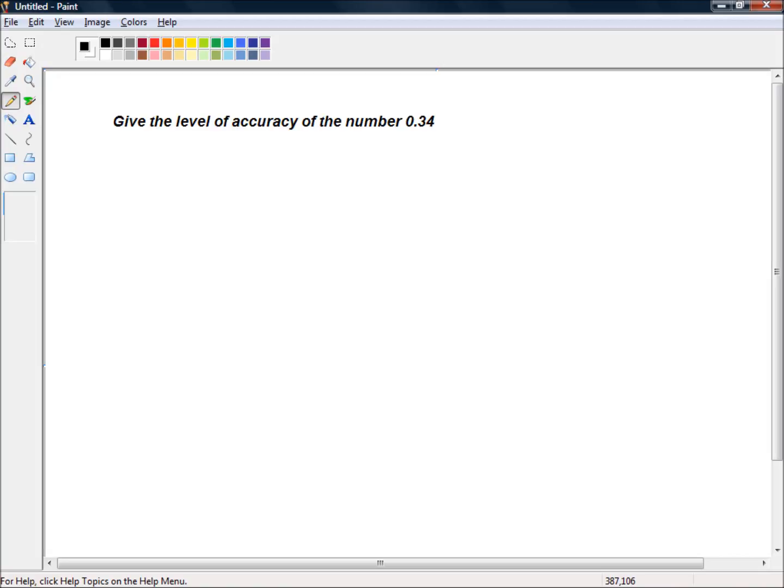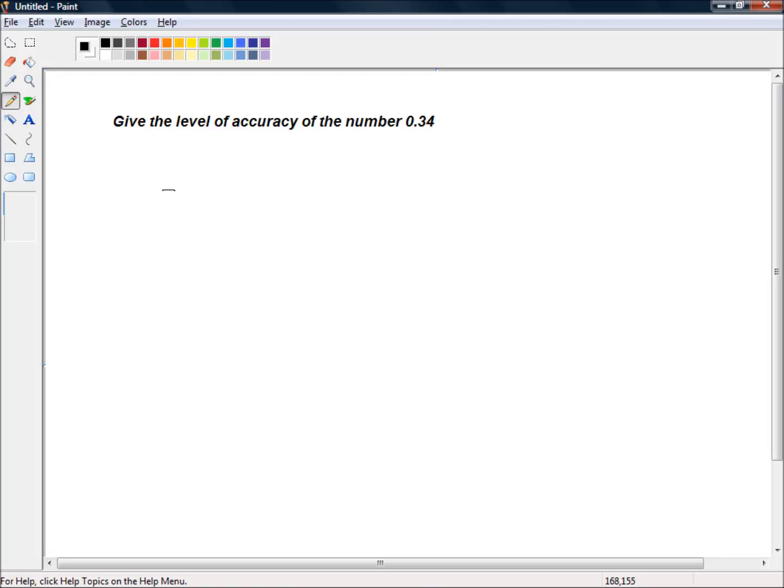Give the level of accuracy of the number 0.34. Okay, well, we have a 0, so this is between -1 and 1. And then after the decimal point, we have 1, 2 digits that are both non-zero.